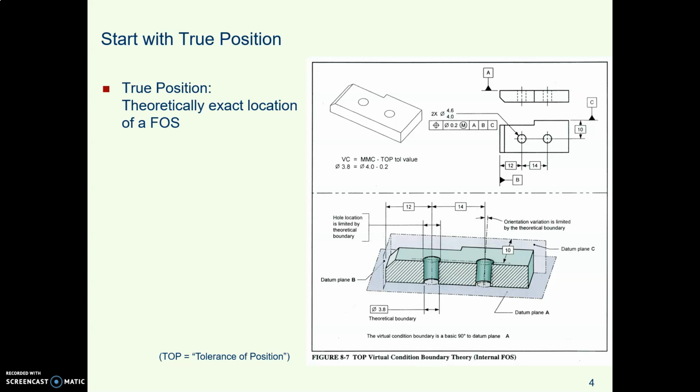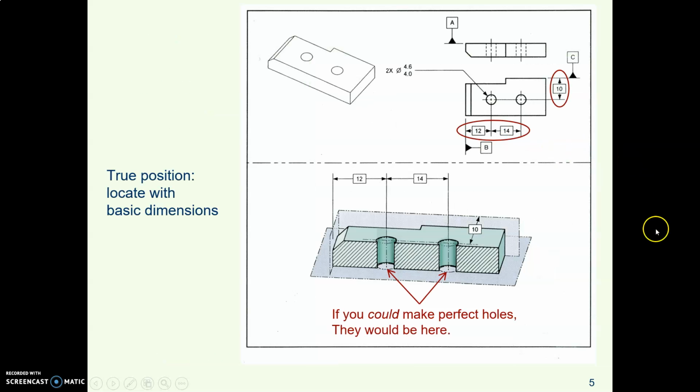And the idea is you start with true position. True position means the theoretically exact location of a feature of size. So here is a part where there's a position control on these 2 holes. And the true position of those holes is located with basic dimensions. Remember, basic dimensions are theoretically exact.